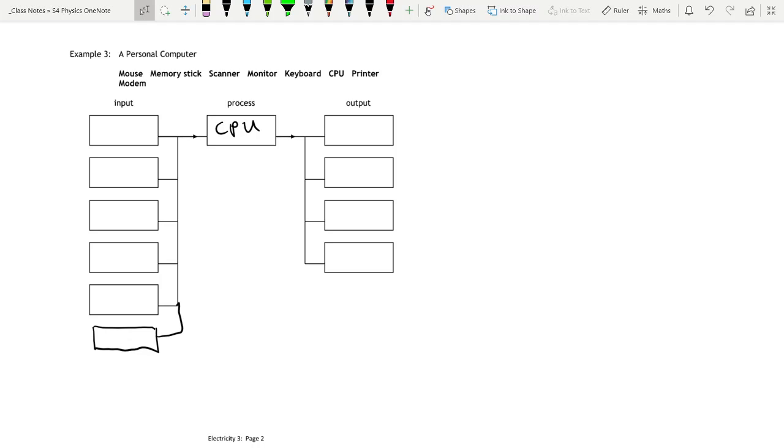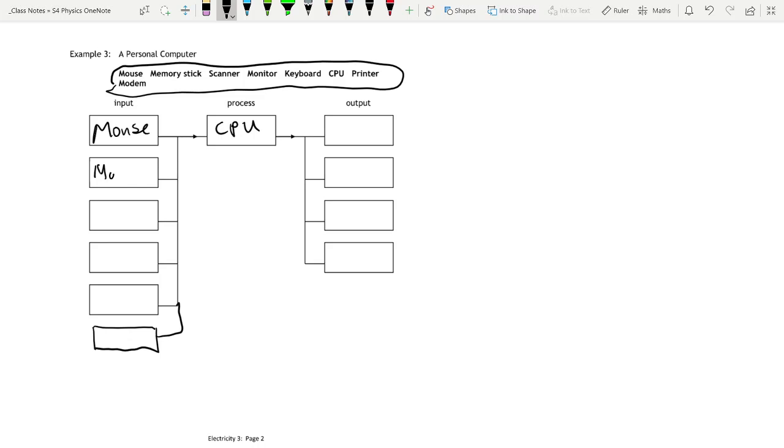Okay, so inputs. So we've got the words here. So what do we use to input signals? We can use a mouse to input because we use a mouse to move around and click what we need to click. What else? We could use a monitor if it's a touchscreen monitor to input something, and that's the thing that wasn't expected when this booklet was written.